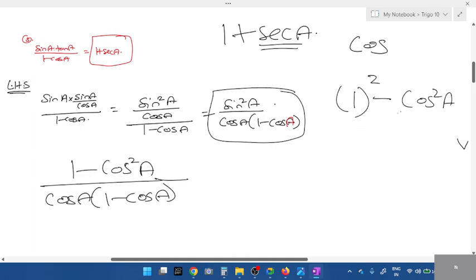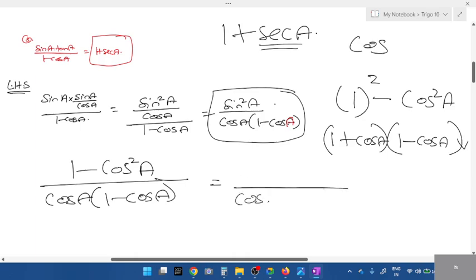This 1 square minus cos square looks like a square minus b square. What is a square minus b square? All of you respond. A plus b into a minus b. What is a plus b? 1 plus cos A divided by cos A. That is what I am going to replace in the numerator, students.